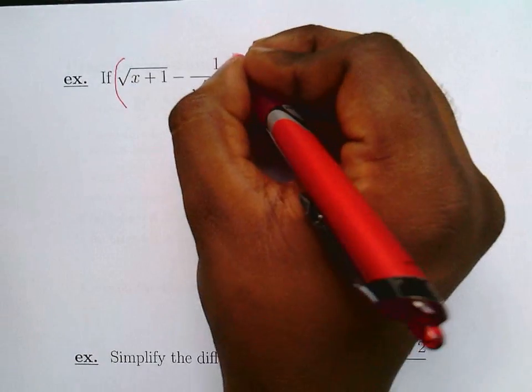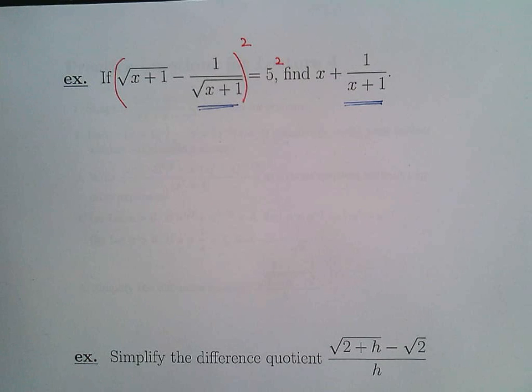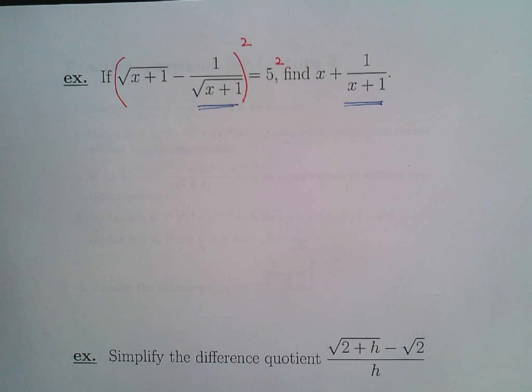So let's square both sides. Square this and square this. Why? Because that's the only thing I can do that looks like it might help.